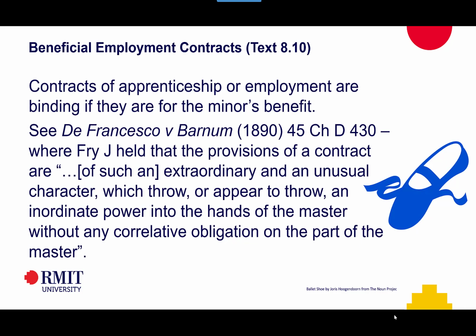So Justice Fry held that the provisions of that contract were of such an extraordinary and unusual character which throw or appear to throw an inordinate amount of power in the hands of the master without any correlative obligation on the part of the master. So they're almost illusory promises as well. They might have argued that kind of argument there. She hadn't been a minor, which made it easier for her to walk away from it.